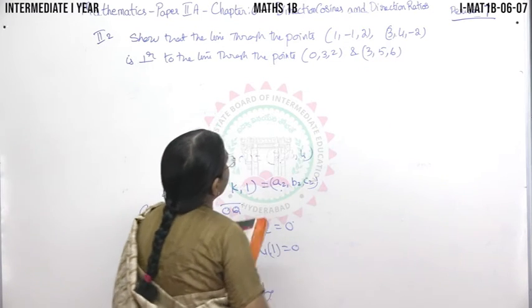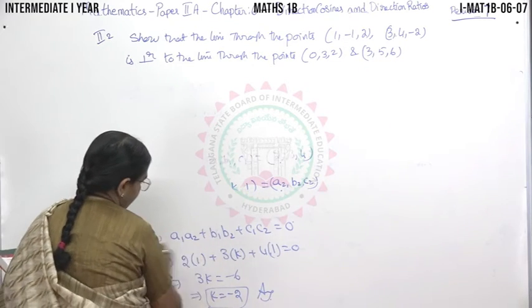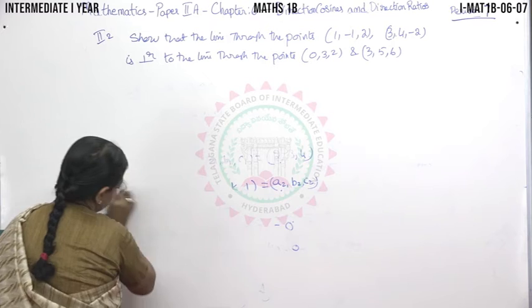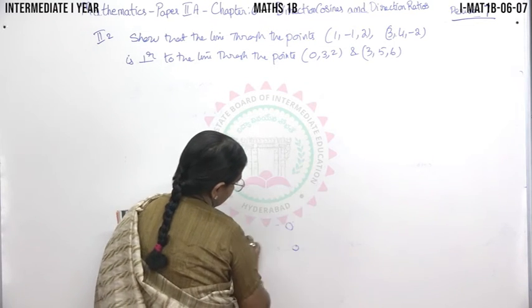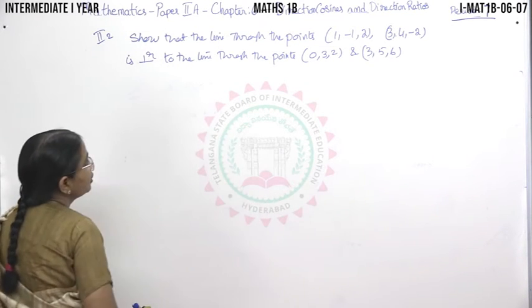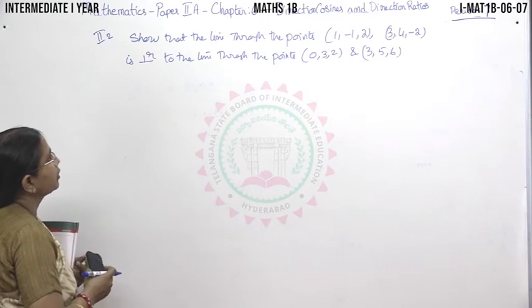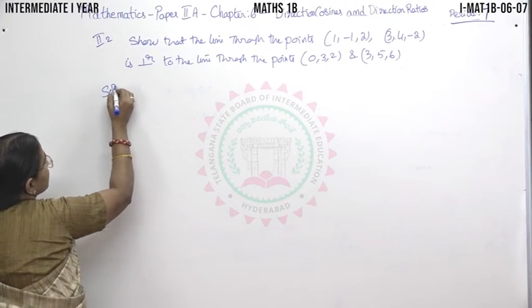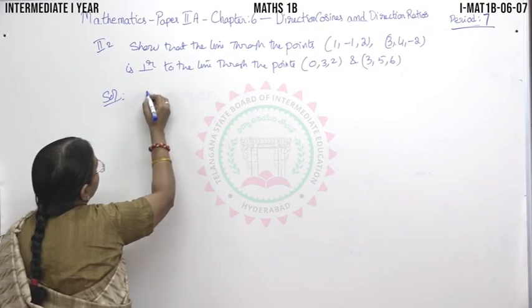First you name the points as A, B, C, D and then find their direction ratios and then apply the condition. If it is satisfied, they will be perpendicular. So show that they satisfy the condition and hence they are perpendicular.